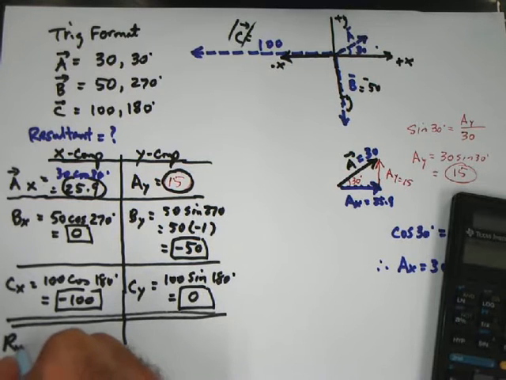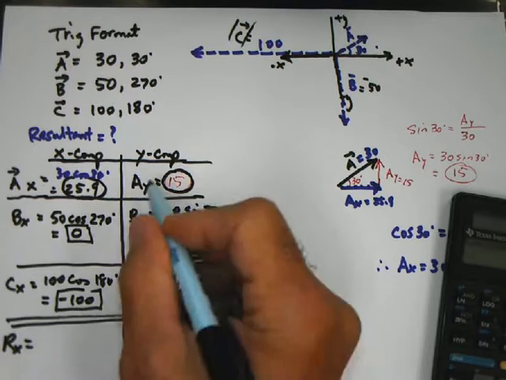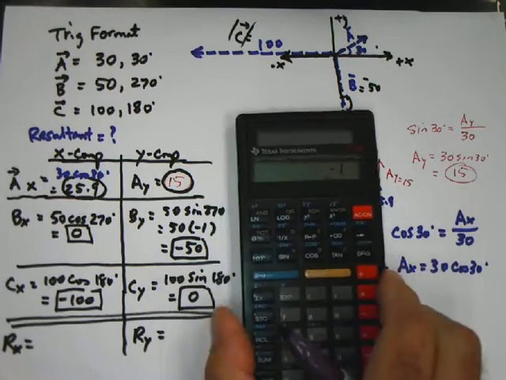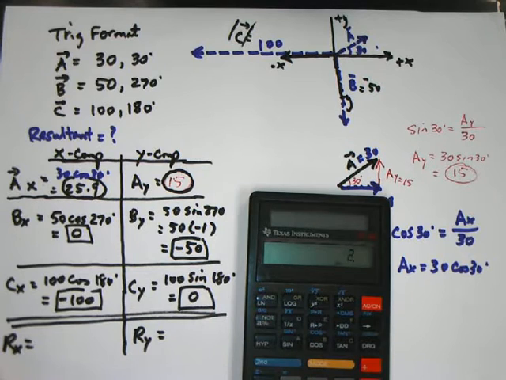Now when we want to find the resultant, we add all the x components up, and that'll get us the x component of our resultant, and then add up all the y components, and that will give us the resultant of the y's. Okay, so we go ahead and do that, and I'll just get the handy dandy calculator out. 25.9 plus 0.